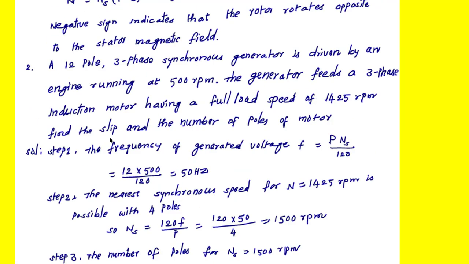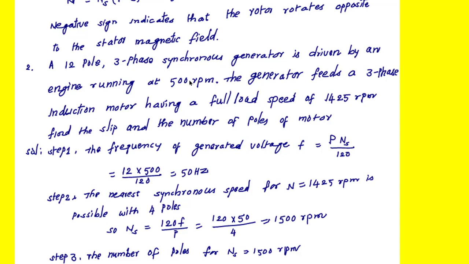So if you look at this problem, the actual problem starts here, that is at the 3-phase induction motor. Instead of giving the supply frequency, he is giving the generator information. For a generator, the speed is uniform, that is the synchronous speed, and for that synchronous speed, he gave the number of poles that it is using.